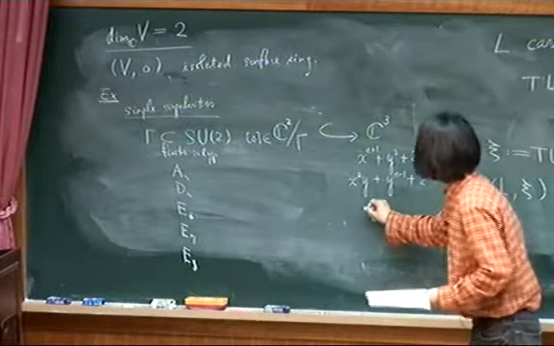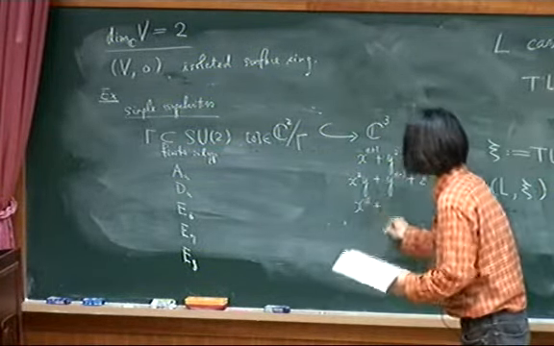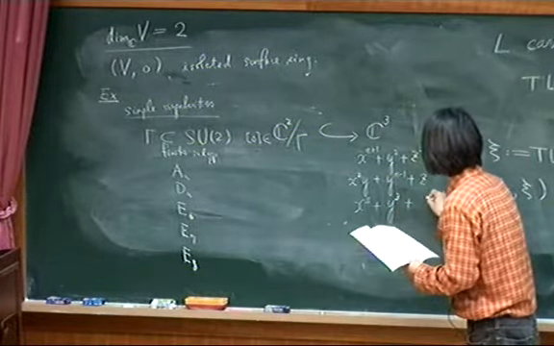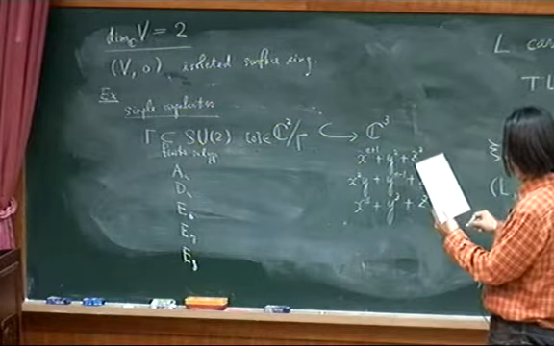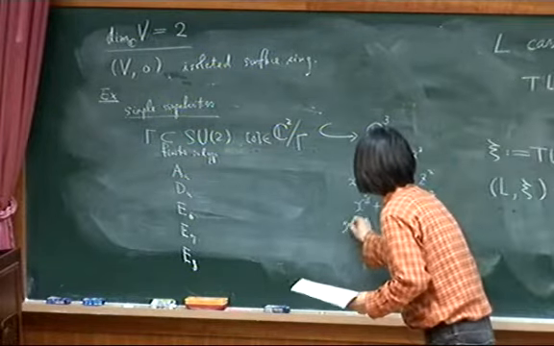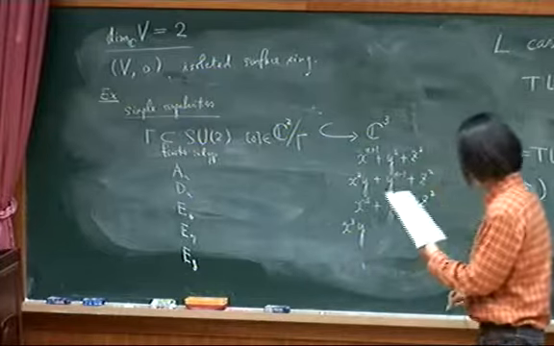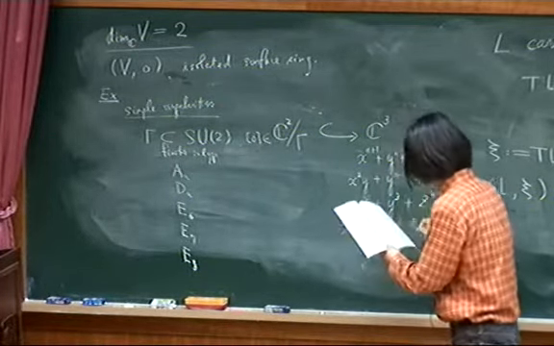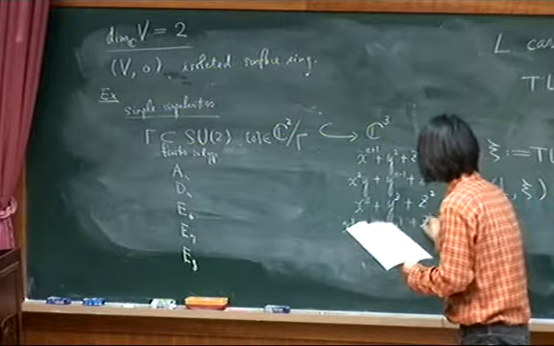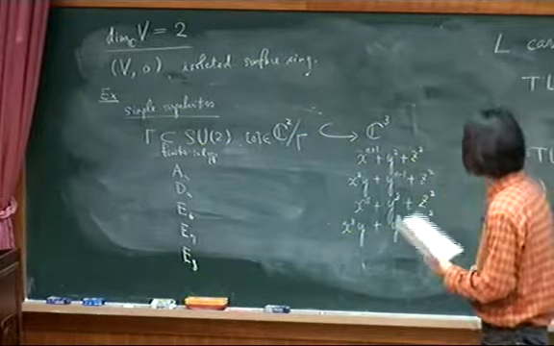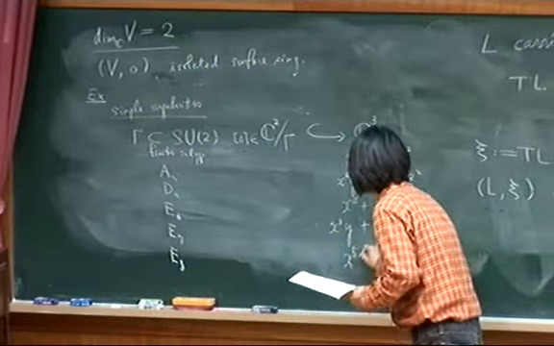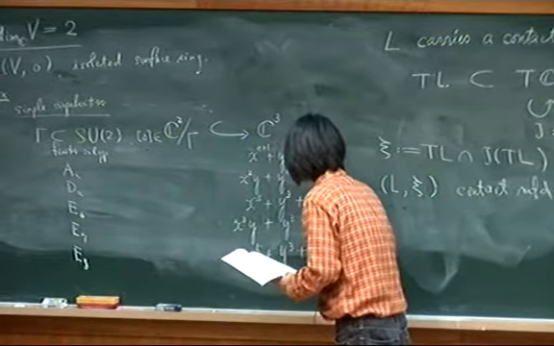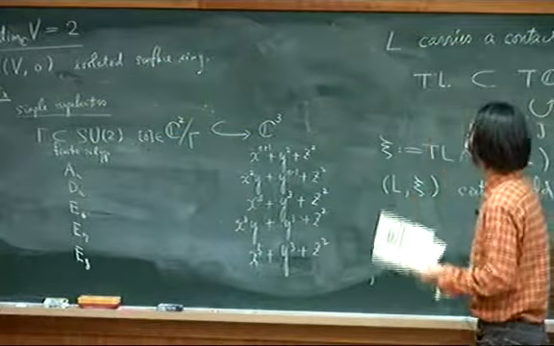And the other ones are x^4 + y^3 + z^2, and x^3 y + y^3 + z^2, and x^5 + y^3 + z^2. Okay.